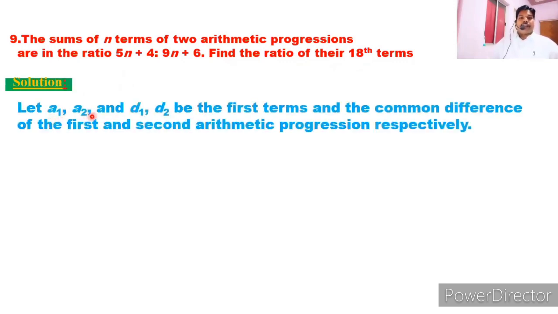Let a1, a2, d1, d2 be the first terms and the common differences of the first and the second arithmetic progressions.